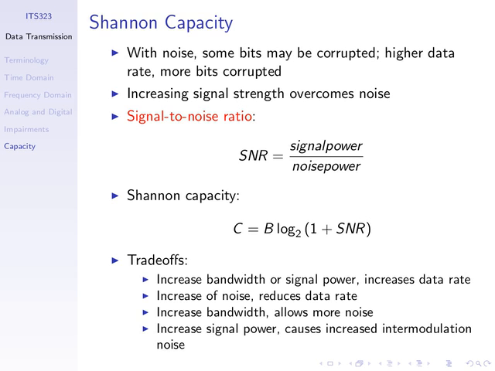If someone tries to sell you a product, a communications link, and they say the bandwidth is 10 megahertz, and they say this is what the SNR is, then you can determine what the maximum data rate is. If they say, under these conditions, the maximum data rate we achieve with our product is 50 megabits per second, you can say, no, you're lying, because you cannot go above the Shannon capacity.